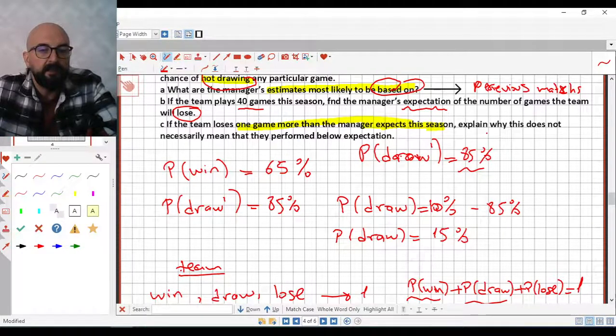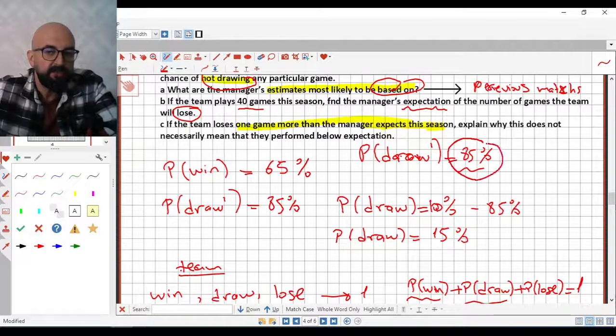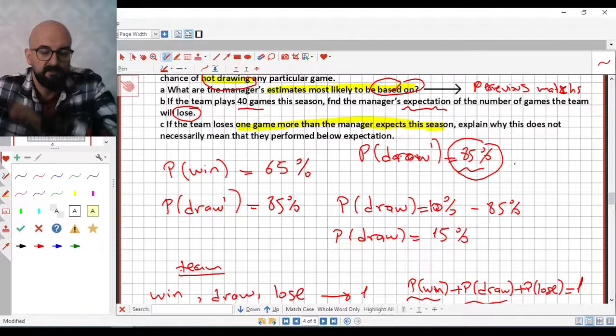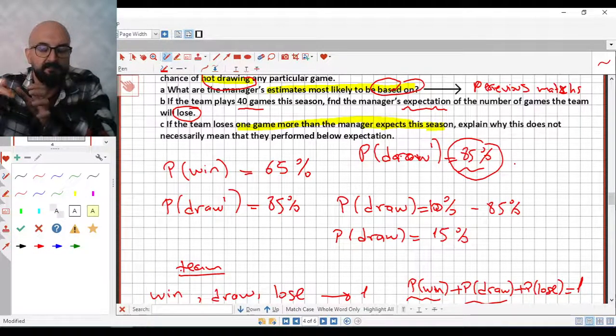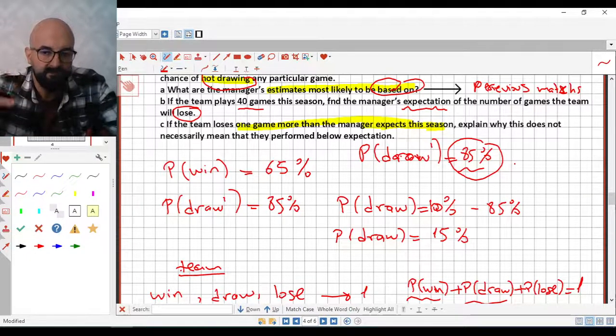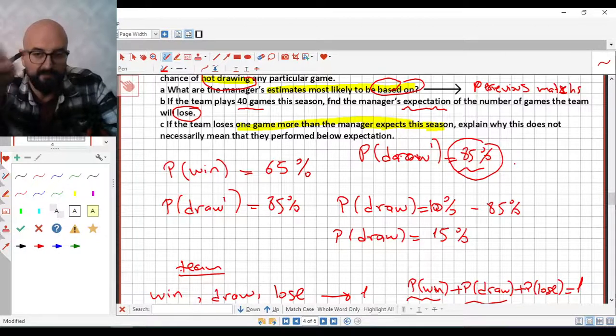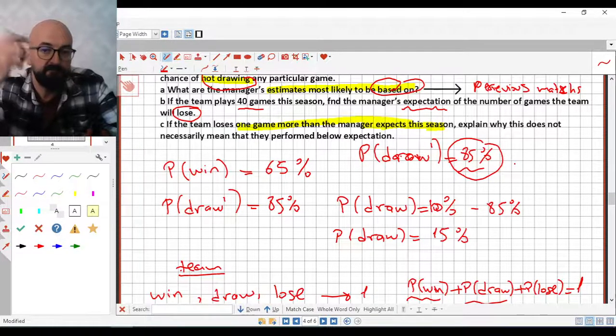So maybe in a match where the manager expects a draw, the team might win, or in a match where the manager expects a draw, the team might lose. So it doesn't necessarily mean they performed below expectation.